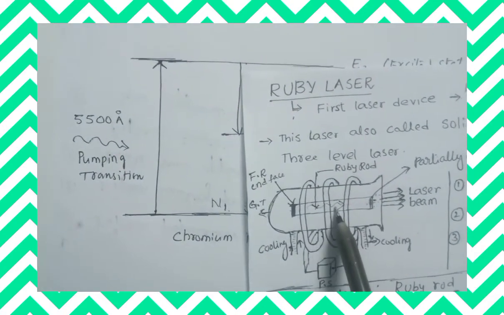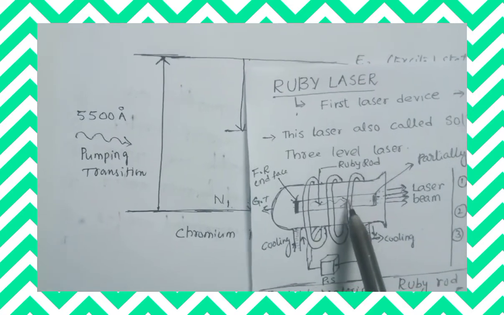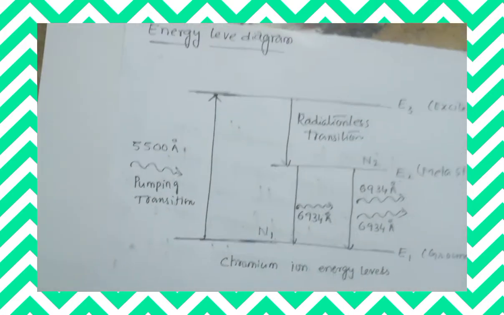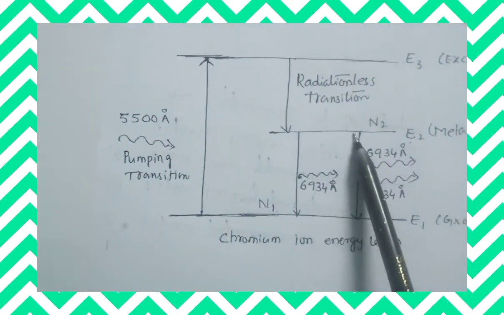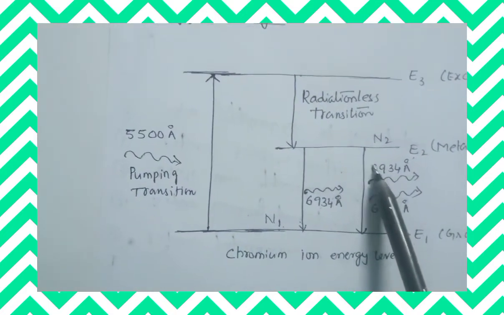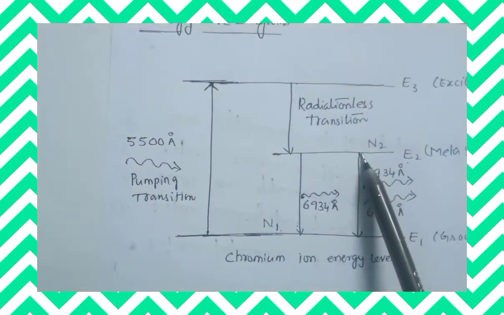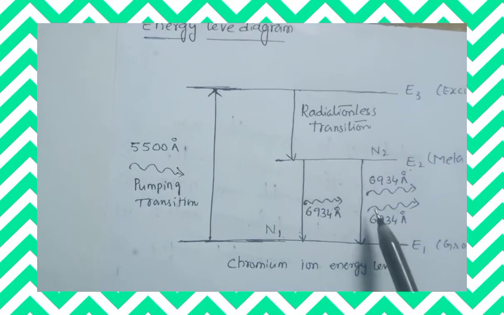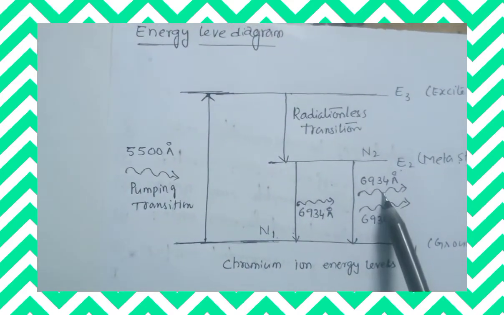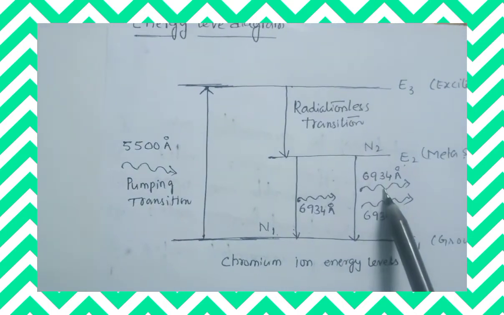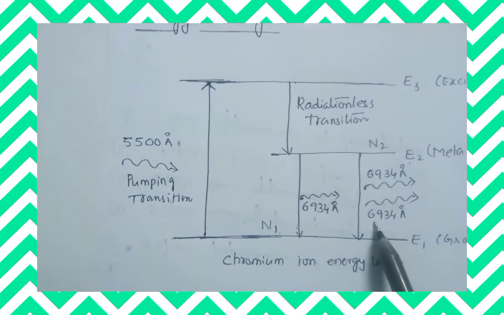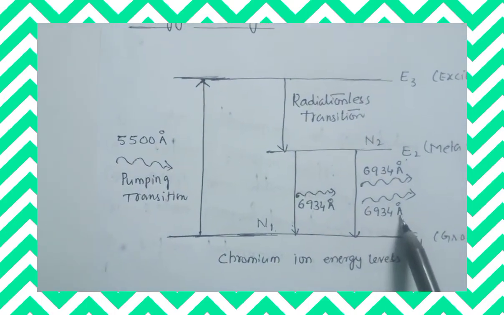Once it gets sufficient energy to excite a further ion in state E2, it stimulates the ion. The chromium ion comes to the ground state by emitting a photon. That emitted additional photon has the same wavelength as the stimulating photon, about 6934 angstrom.